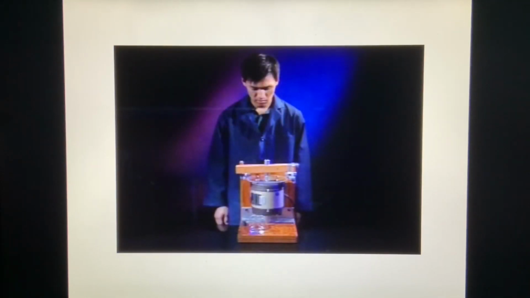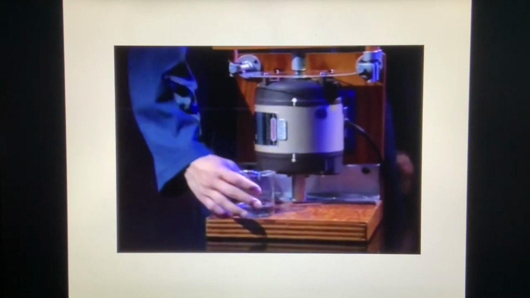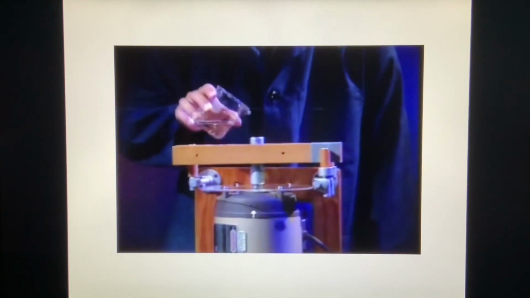We'll use this cork popper to demonstrate conversion of mechanical energy to heat and then back to mechanical energy. This hollow cylinder spins between two wooden arms, which can be squeezed down onto the metal. A small amount of water is put inside the cylinder.